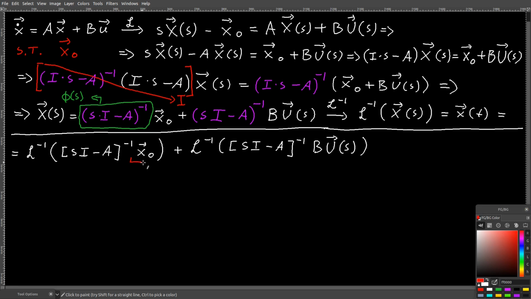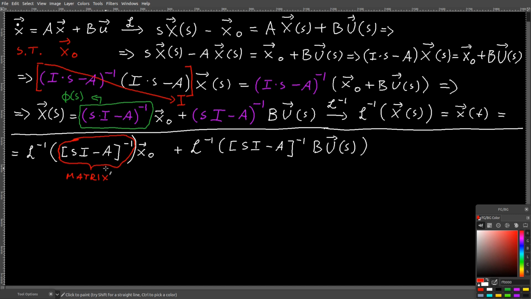Since x0 is a constant vector, you can take it out of the Laplace inverse operator. And so, you will have Laplace inverse of this matrix here times x0. Now notice that this one is a matrix, and when you take Laplace inverse of a matrix, you are essentially taking Laplace inverse of each of its matrix elements.